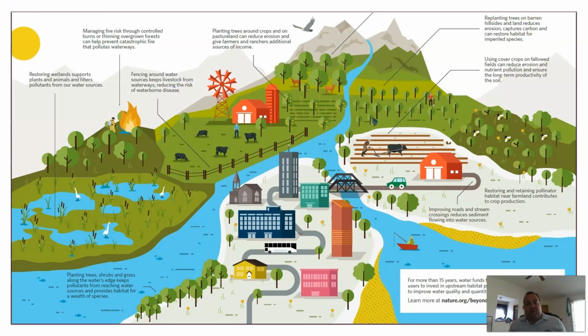I'll leave you with this graphic right here, which is the idea of what a watershed should look like, how important it is to the communities, how we do it right, and how we make this all work with all the other stuff we've got going on. Because we all know as human beings that water is critically important to our survival.